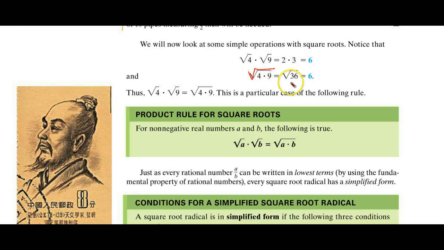This would give us 4 times 9 is 36, and the square root of 36 is 6. This gives us the property, the rule listed here, that the square root of A times the square root of B can all be put under a common radical sign. Okay? Now we do want to simplify radicals, and there is a protocol for that that we'll be going over.